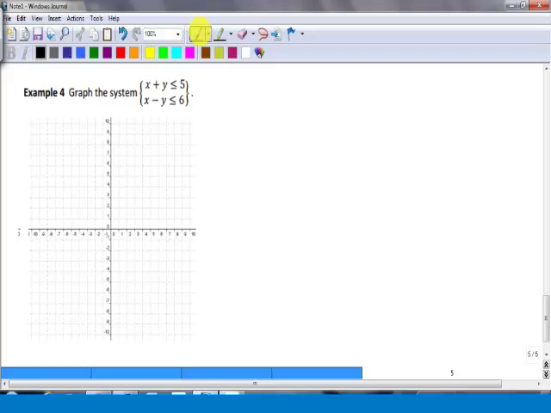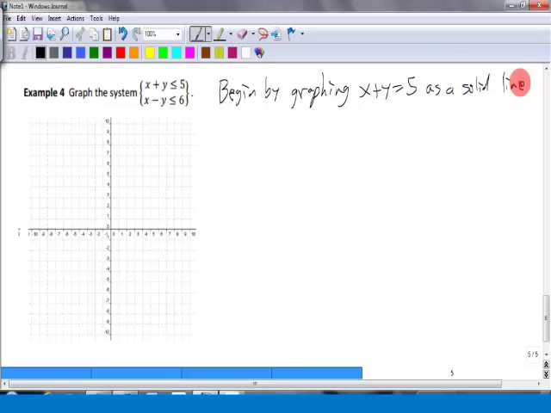x plus y is less than or equal to 5, so begin by graphing x plus y equals 5 as a solid line. What's the x-intercept?